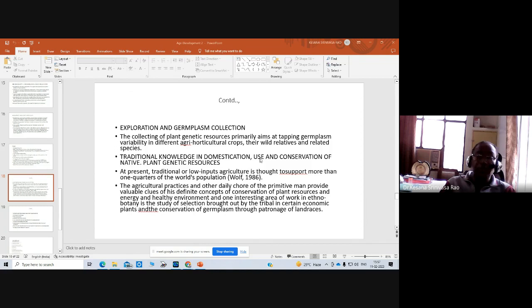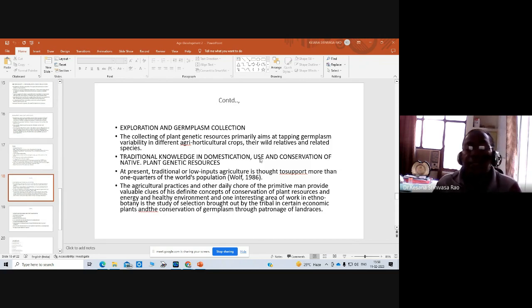Traditional knowledge in domestication, use and conservation of native plant genetic resources. At present, traditional or low-input agriculture is thought to support more than one quarter of the world's population. Then the agriculture practices and chores of the primitive man provide valuable clues of his definite concepts of conservation of plant resources and energy and a healthy environment.